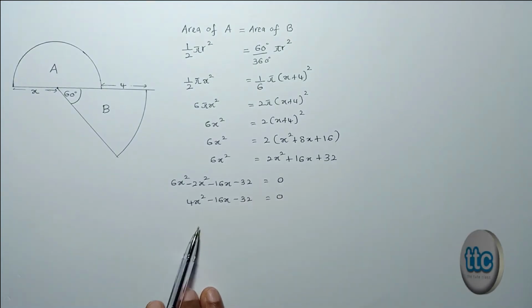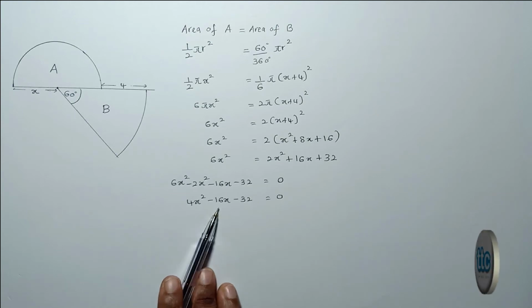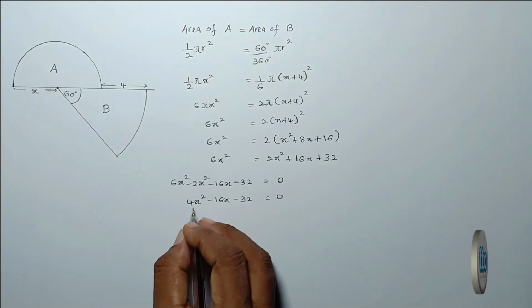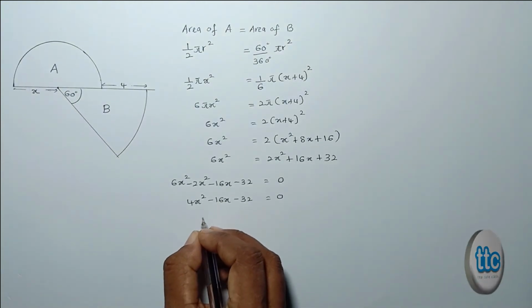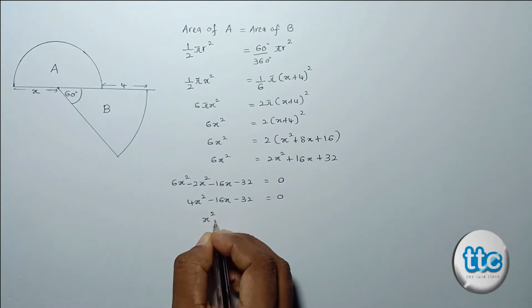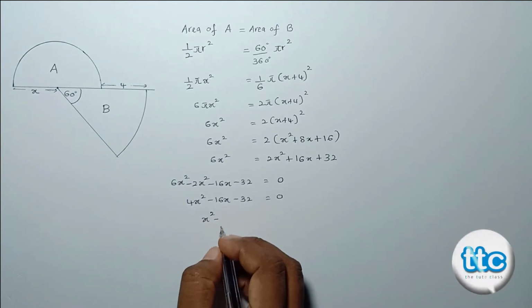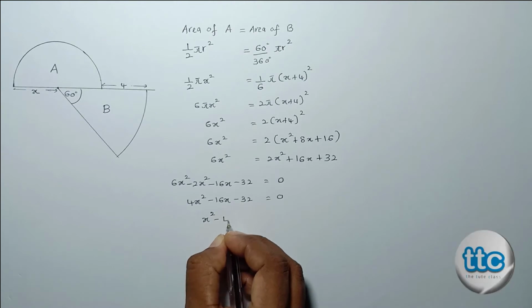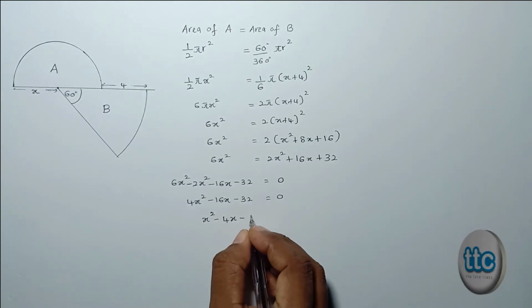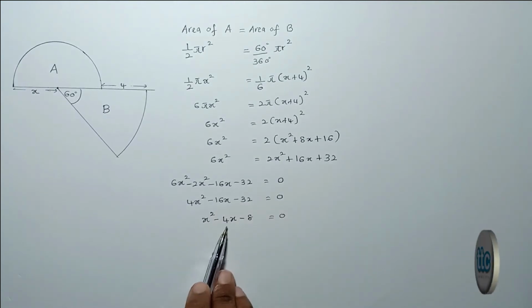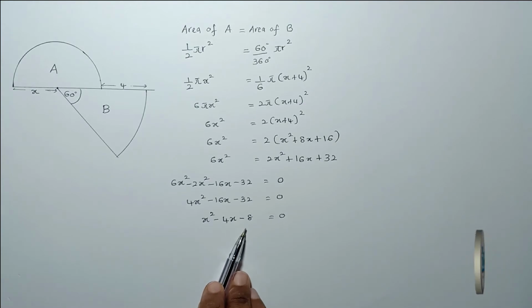Now you can divide all the terms by 4. 4x squared divided by 4 is x squared, 16x divided by 4 is 4x, 32 divided by 4 is 8. This is x squared minus 4x minus 8 equals 0.